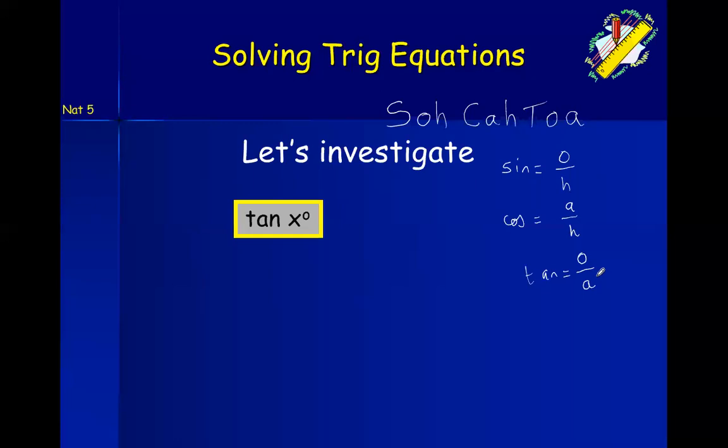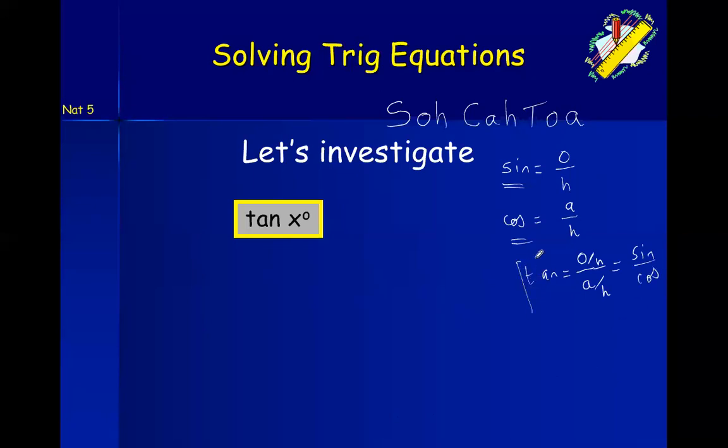It's the same value. But you can do the same by dividing both top and bottom by the same number. What happens if I do O divided by H at the top and A divided by H at the bottom? What is O divided by H? Sine. What is A divided by H? Cos. So you're really just doing sine over cos.